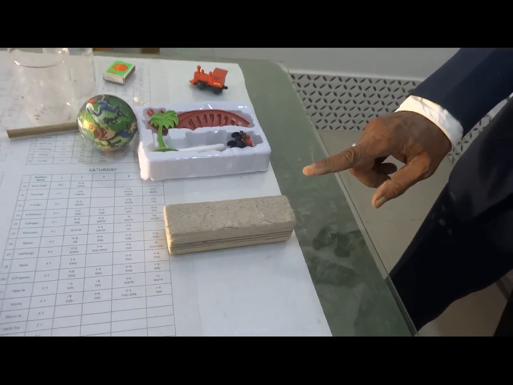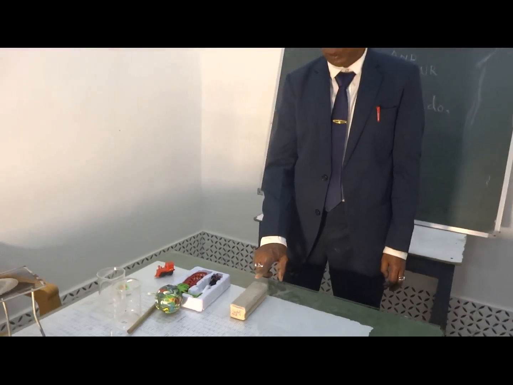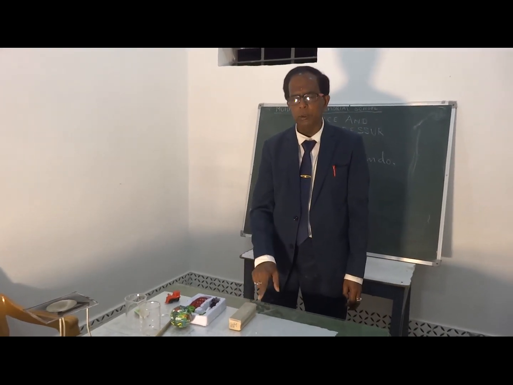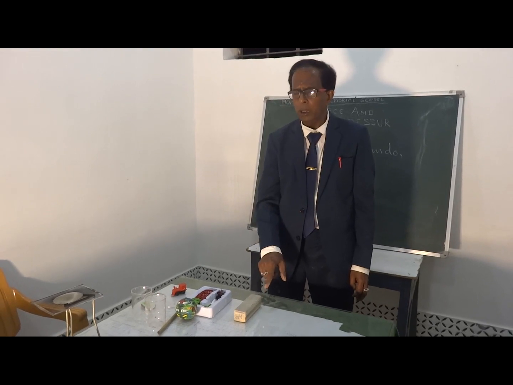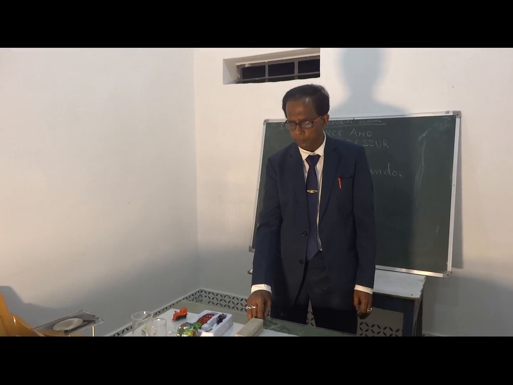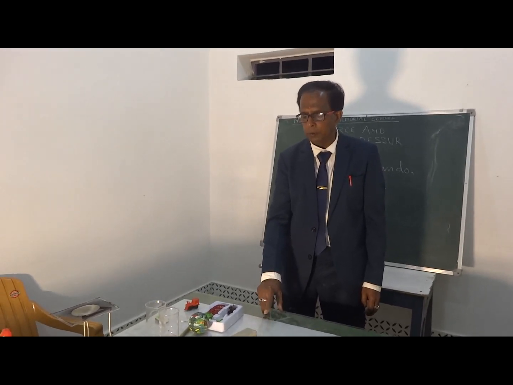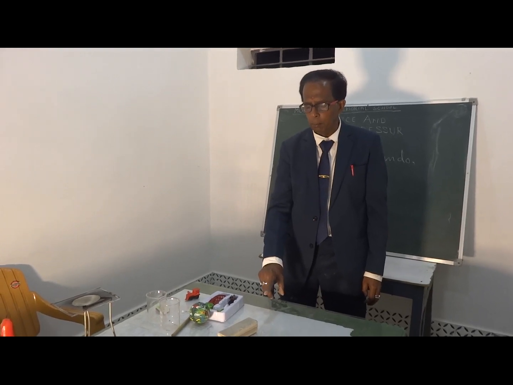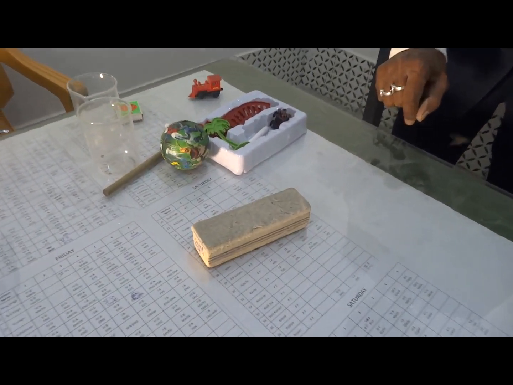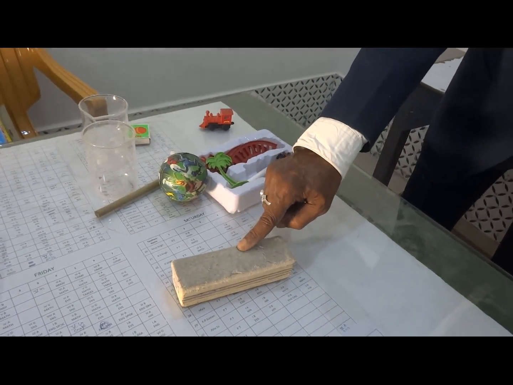A second example for frictional force, the duster is at rest on this table. Why is it not in motion? Here I am applying a force and it becomes in motion. But after covering some distance, the duster is stopped.